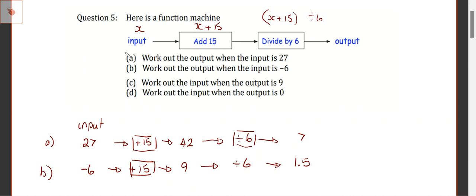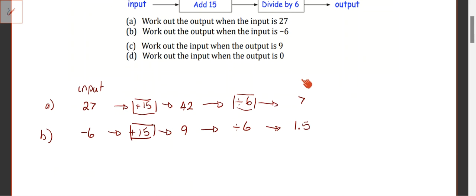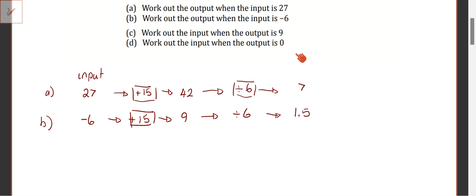Okay. Now, on the whole, I think people were fine with that. Not too many issues. I think some people might have got confused when they were trying to do 9 divided by 6 and getting a decimal and thinking that wasn't allowed or something like that. But on the whole, that was all right.